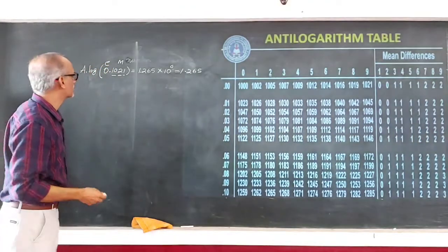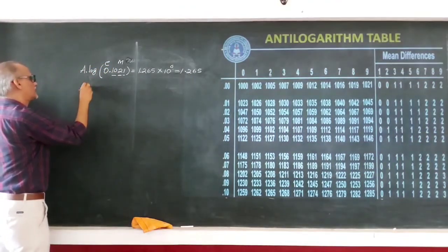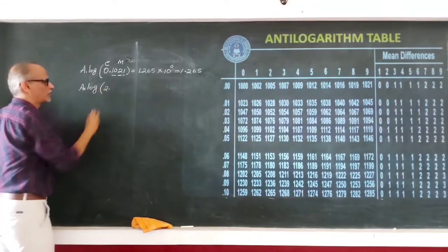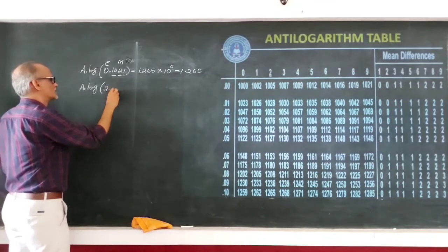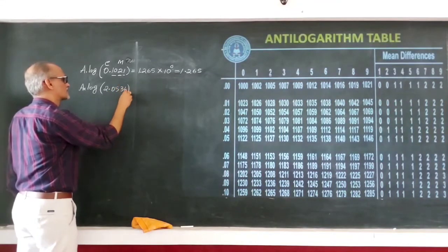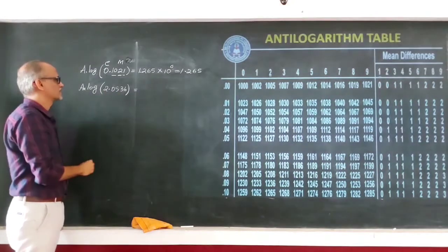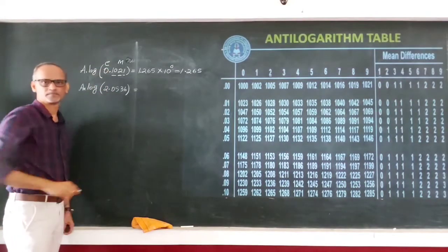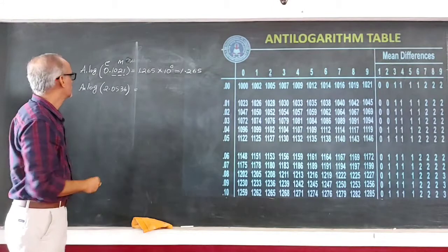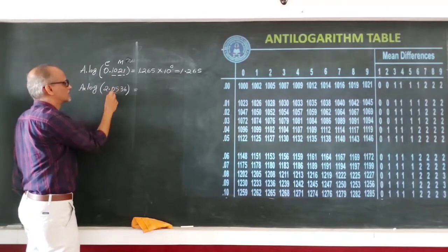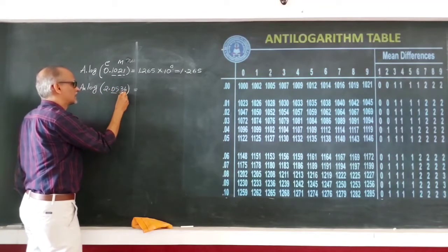So I'll give you one more number, antilog of 2.0536. So I want to find the antilog of 2.0536. 2 is the characteristic, leave it aside. Now consider the mantissa. Again, from the decimal point, take the first 2 digits, which is 05, next, and then next.